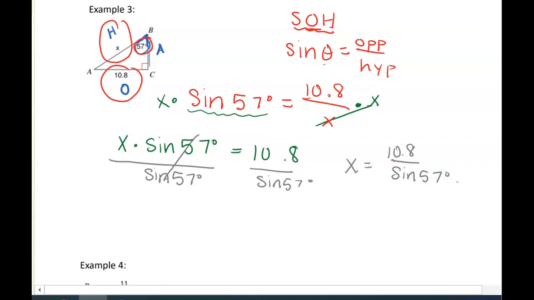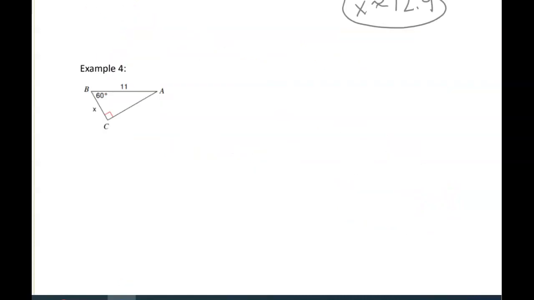So if I put that into my calculator, I get x is roughly 12.9-ish. And that's going to be my answer. All right, I want you to try example 4 on your own, and then we'll go over it. If you get stuck, look at example 3. It's very similar.